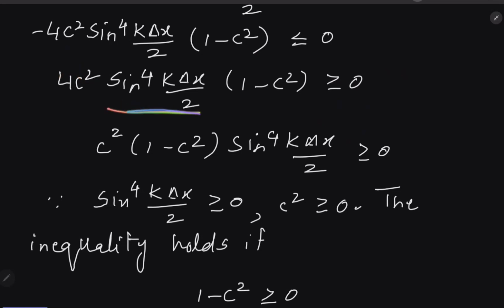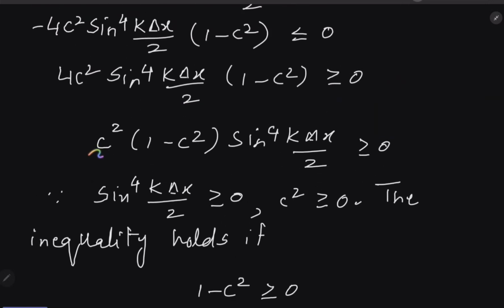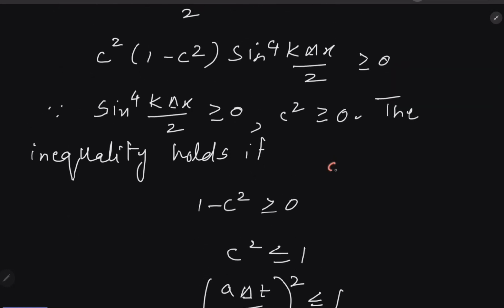Sine is always positive, so this is already positive, so we have c square times 1 minus c square greater than 0. This term is positive, and if you want your answer to be 0 or positive, this should also be positive.